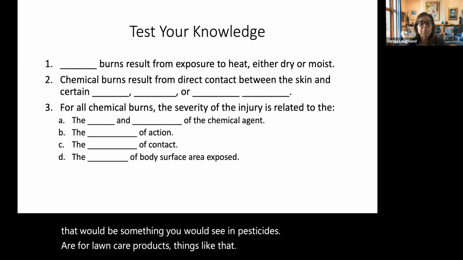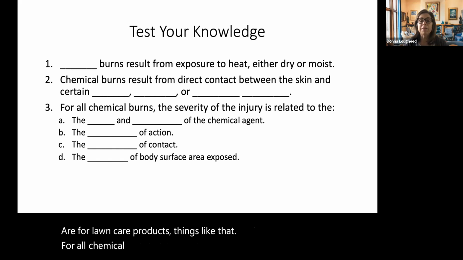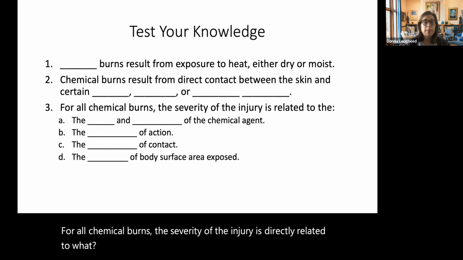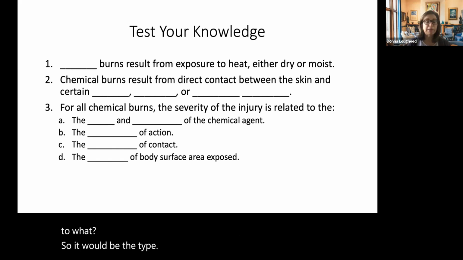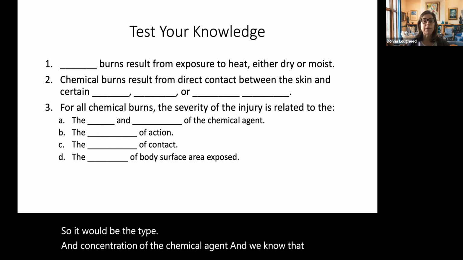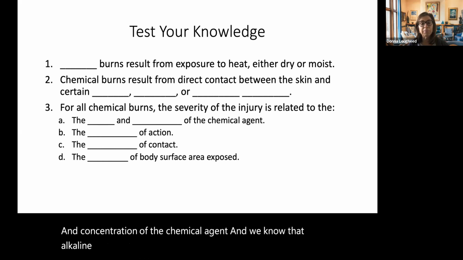For all chemical burns, the severity of the injury is directly related to what? It would be the type and concentration of the chemical agent. We know that alkaline agents are more severe than acids. And then again, the concentration.